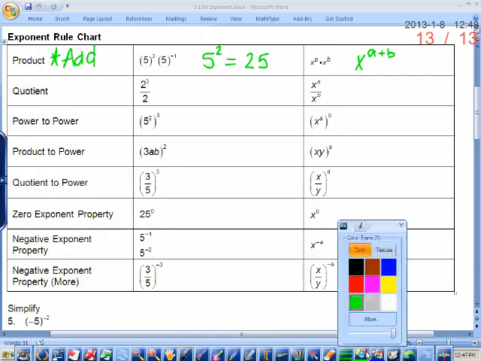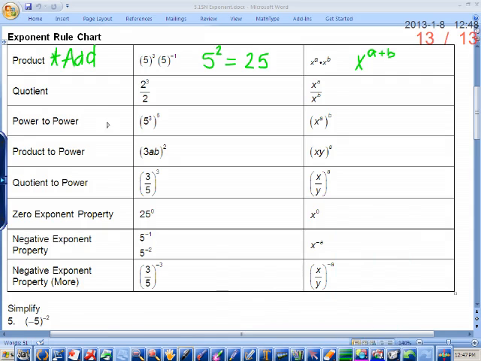What do we do when we have a quotient of terms with the same base? What if the variables were different on the first one and we multiply them? The variables are different, so you can't apply these rules. The bases must be the same for these rules to apply. So when we have a quotient of two terms with the same base, we're going to subtract. So what's the base in this example? 2.